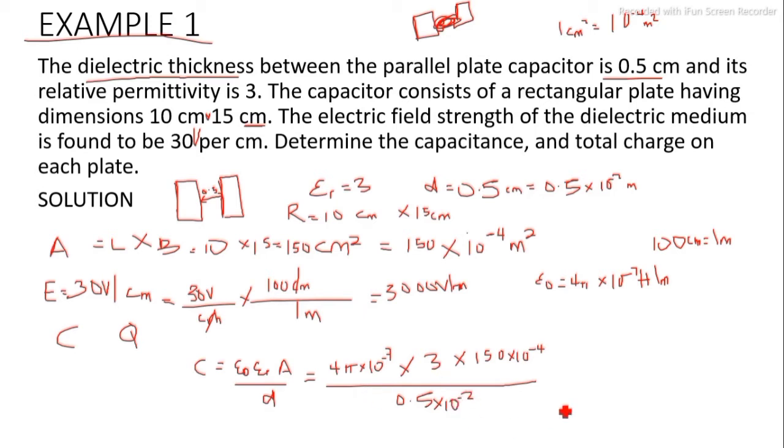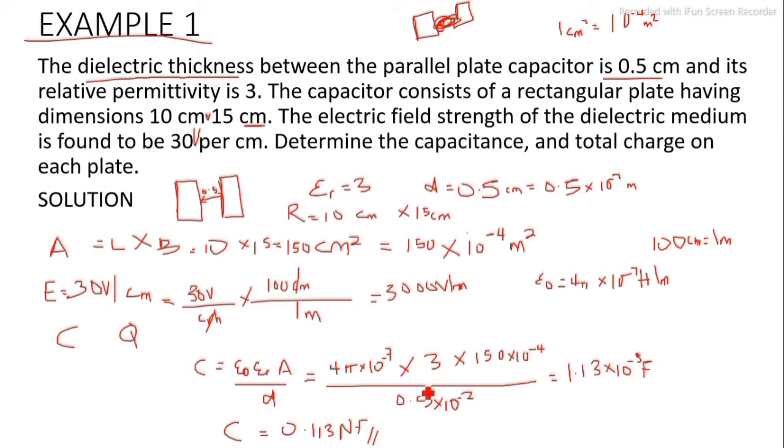If you calculate this with your calculator, you're going to have 1.13 times 10 to the power minus 5 farad. If you want to convert this to microfarad, C equals 0.113 microfarad. Don't convert it to microfarad, leave it in farad.